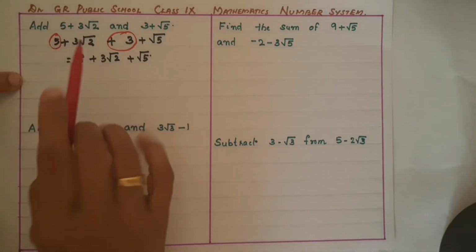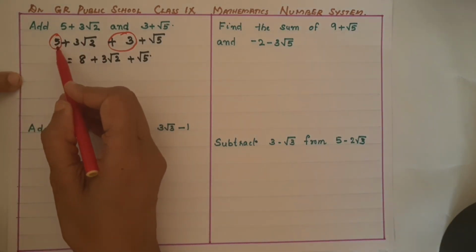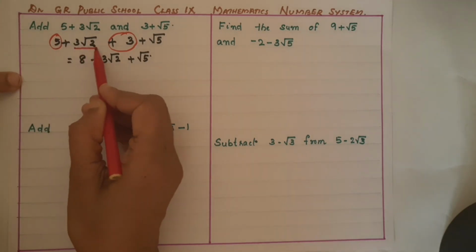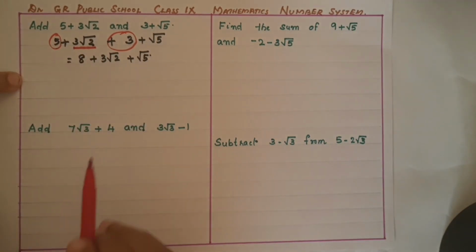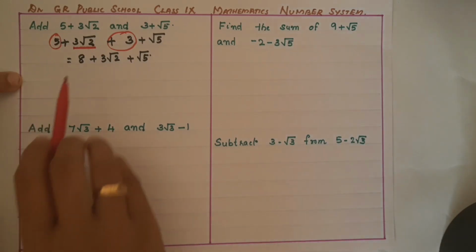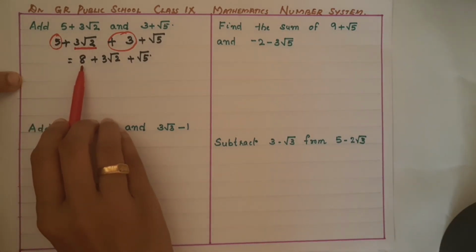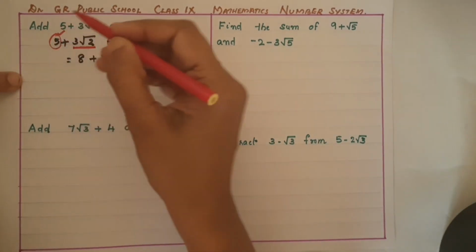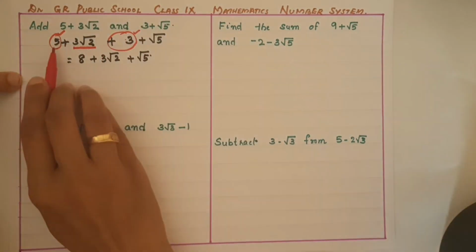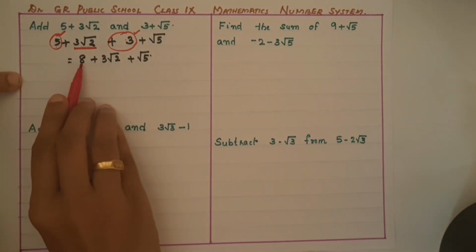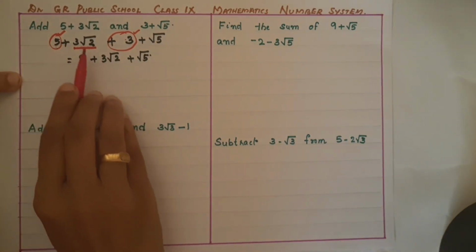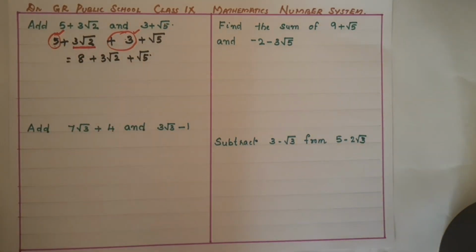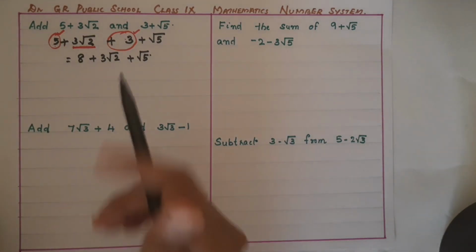But remember, this 5 is a rational number and 3 root 2 is an irrational number. We can't join them. How did we get this 8 here? 5 plus 3, by adding the rational numbers. So 8 plus 3 root 2 plus root 5. Okay. Now this is the answer.